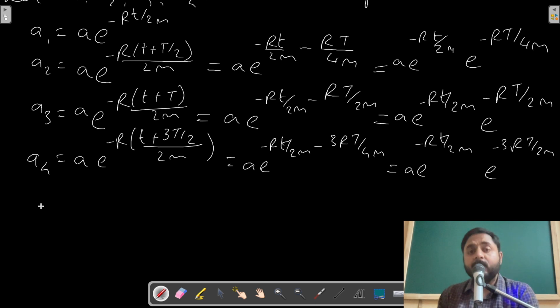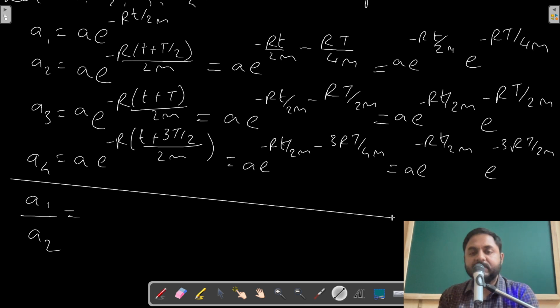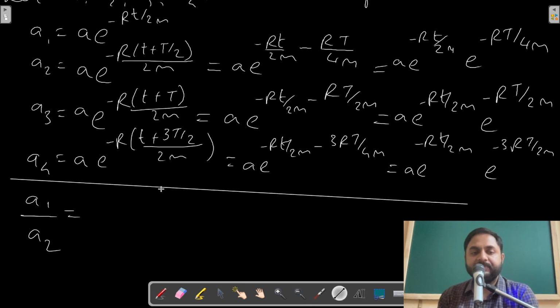Now, let us take the ratio of any two successive amplitudes. So, let me take the first one, A1 upon A2. What do you think we will get? This is how we started the derivation. Now, let us just go further and see what we get.